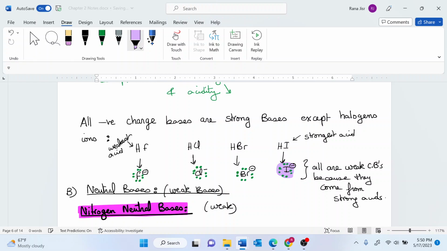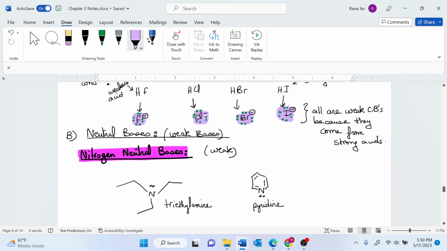Even though these conjugate bases carry a negative charge, because they come from a strong acid, they are going to be weak bases. This is the only exception to the negative charge rule of the base. So all negative charge bases are strong bases with the exception of the conjugate bases of strong acids, which are weak bases even though they carry a negative charge.